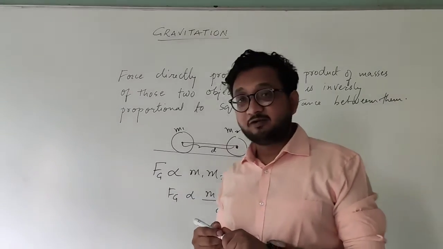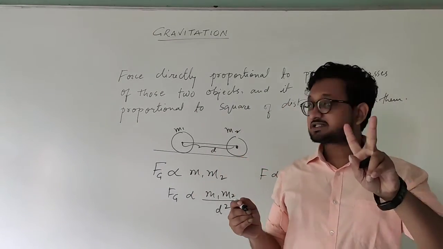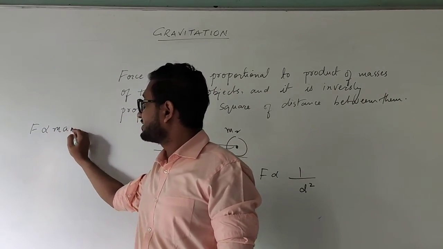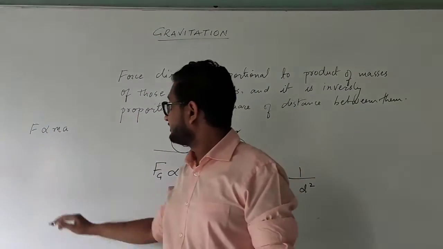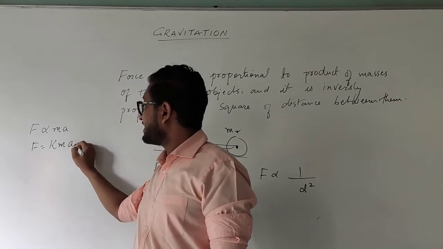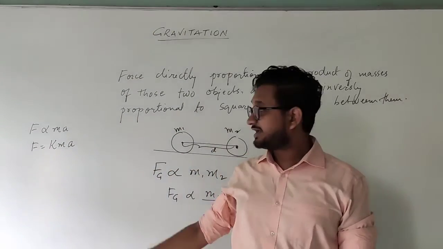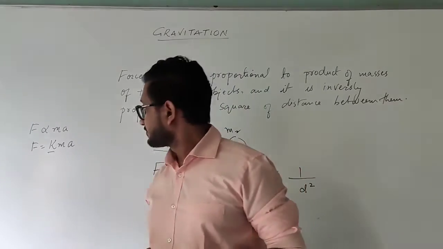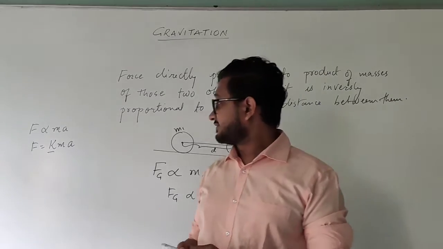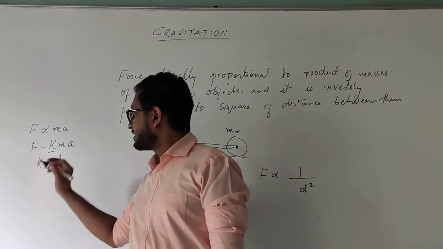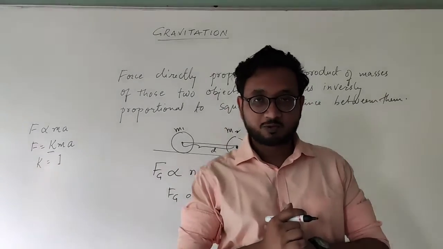So if you remember, when we found out force using the second law of motion, we did something like this: F proportional to ma. Okay, and when we removed the proportionality sign, we had F is equal to kma, where k is a constant, and the value of k is 1.